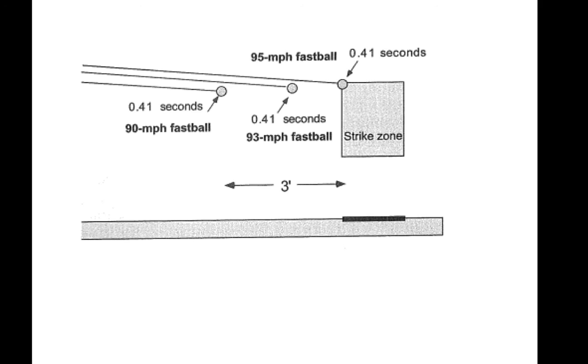And therefore, since it's not creating as much lift through the Magnus effect, it seems to drop much more than a regular fastball. So it comes in like a fastball, but it doesn't have the lift that a normal four-seam fastball would have, and it seems to drop.